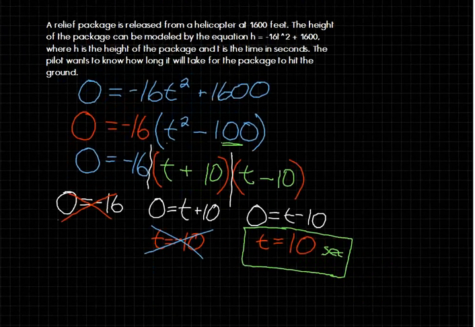Second one on your worksheet says the height of a flare from a deck of a ship in distress can be modeled by that equation, where h is height, t is time in seconds. We're trying to find out how long it takes a flare to hit the water. So h is height, what height is it going to be at the water? Yeah, so this would be set equal to 0 again.